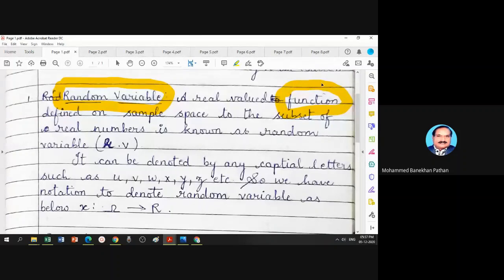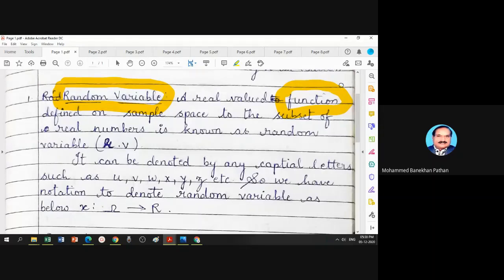Usually in mathematics, a function is denoted by small f, colon, capital A, arrow, capital B. Capital A is called a domain. Capital B is called a codomain, sometimes called a range set. Now you have to make a small difference in your knowledge.